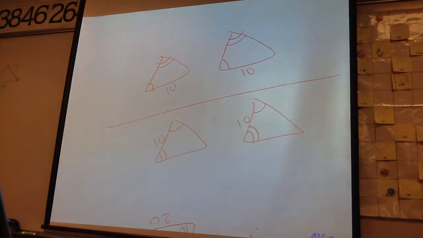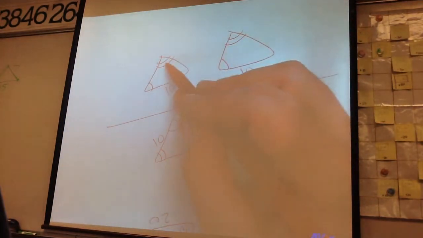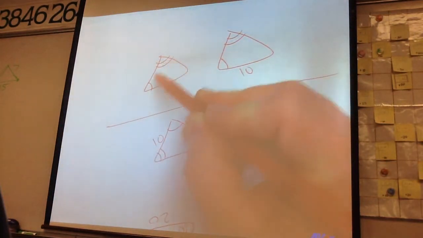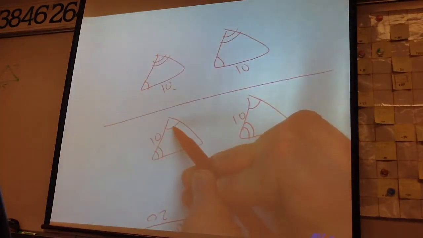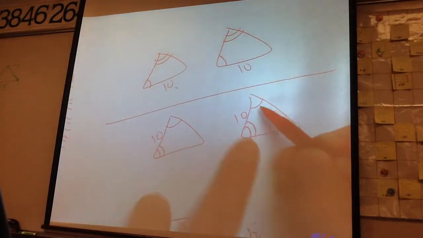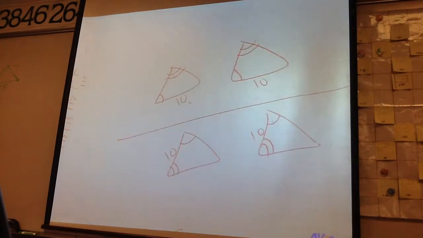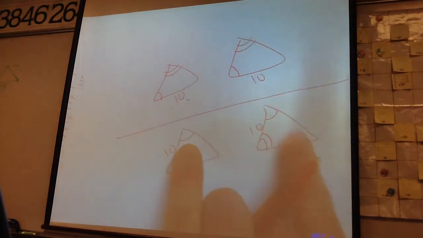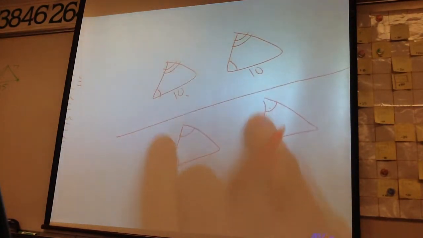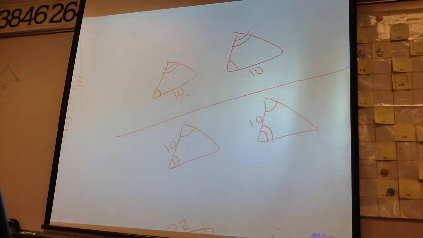See the difference? This one I have two angles next to each other, and then the side here, it's angle, angle, side. This one I have two angles, and the side in between them is the same. That's angle, side, angle. Either one of those works. If I know those two angles are the same, and I know one of those sides is the same, then I know those triangles are congruent.